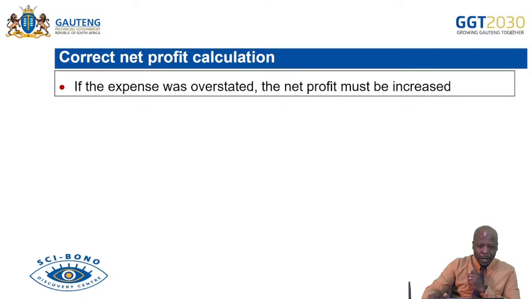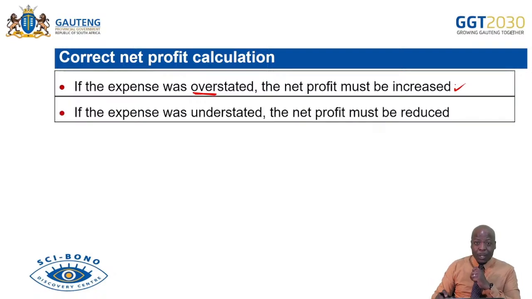All right. Now, it is very important as you do your correct net profit calculation to know that if the expense was overstated, that simply means we recorded more of the expense, then the net profit must be increased. If you don't understand it for now, please just stay tuned. I'm going to explain further what I mean by this sentence.